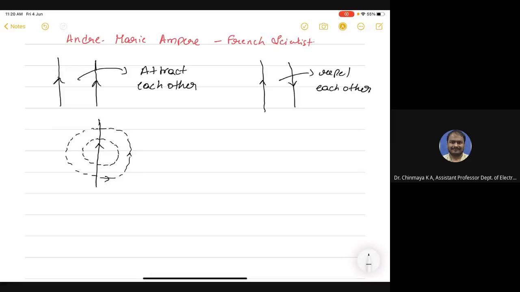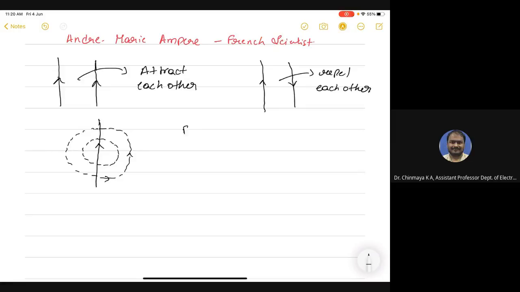So he observed that the magnetic field induced by the current carrying conductor will be in the direction of the other fingers compared to the thumb. Okay, so the magnetic field can be described in terms of two quantities.